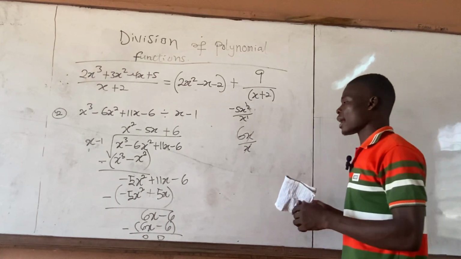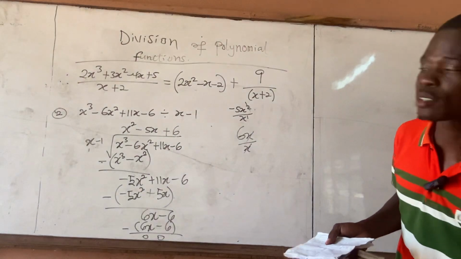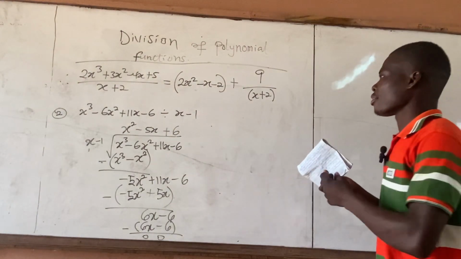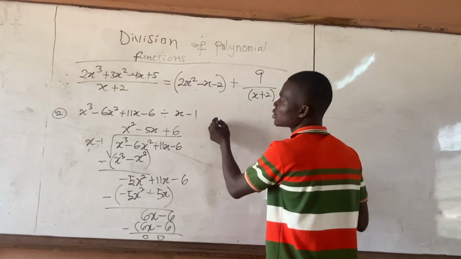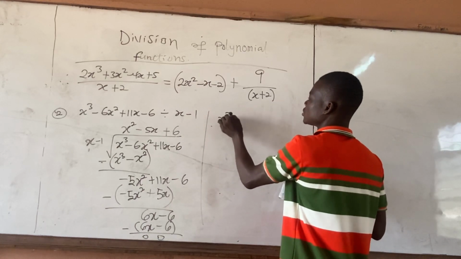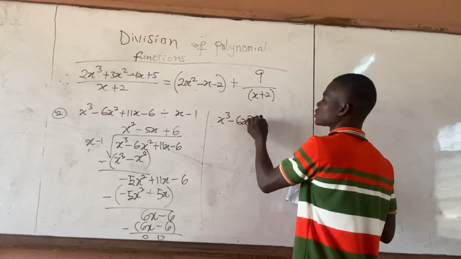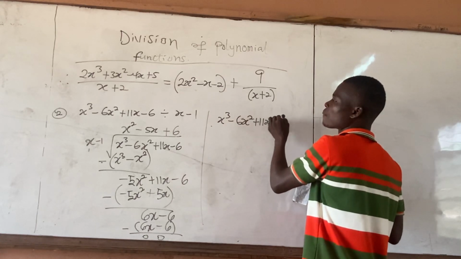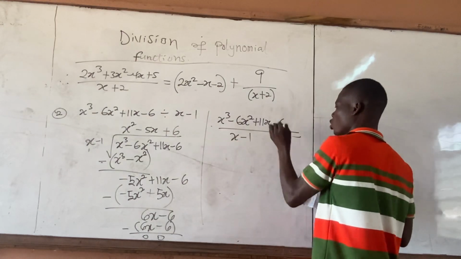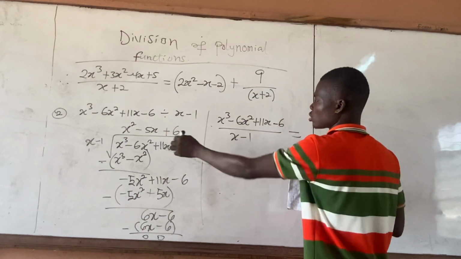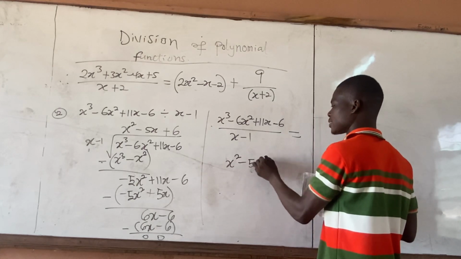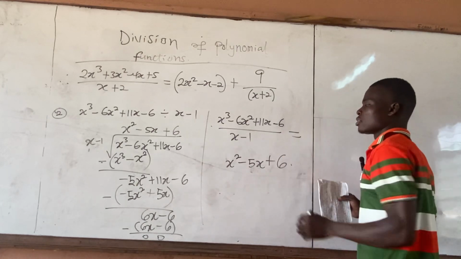Since there will be no remainder, therefore our dividend over divisor x minus 1 is equal to the quotient, which is s squared minus 5x plus what? 6.